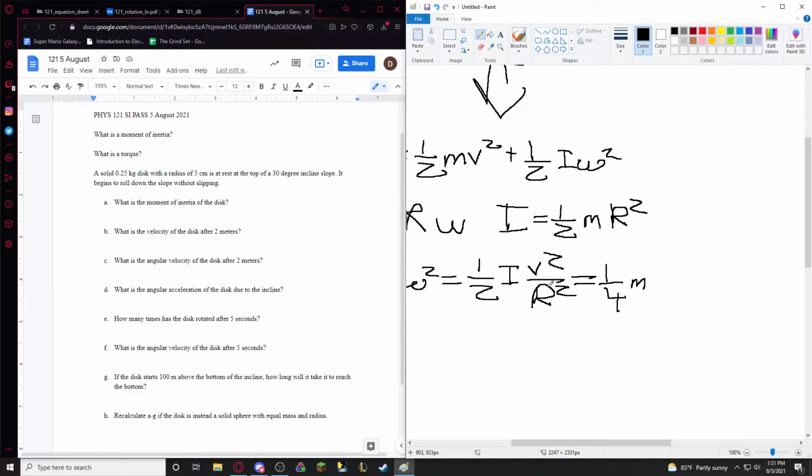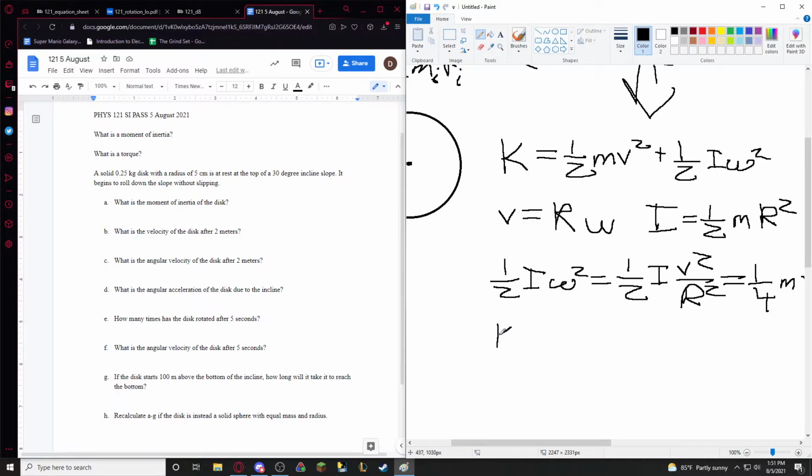When we do 1/2, it would actually be 1/4 because we have 1/2 times 1/2. 1/4 m, r squareds cancel out. That's just v squared. So then our total kinetic energy is equal to 1/2 plus 1/4, 3/4 mv squared. So that's how we get our total kinetic energy as our disk rolls down the slope based on its velocity.